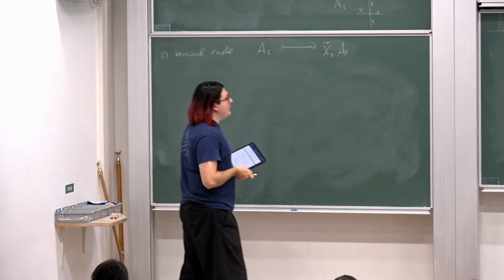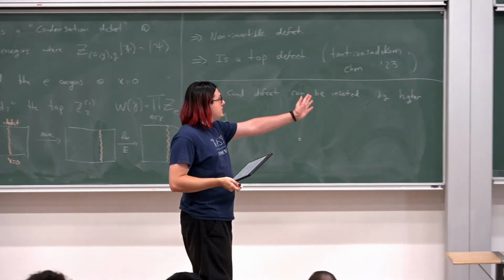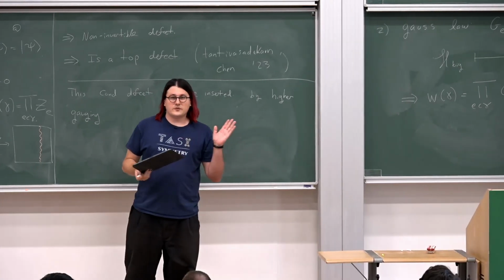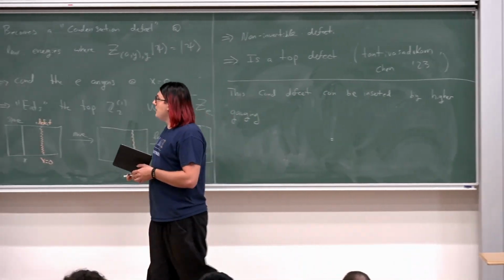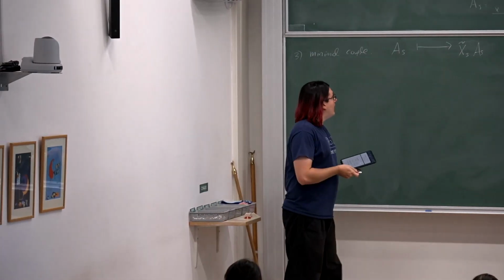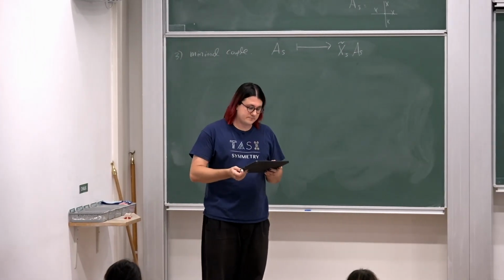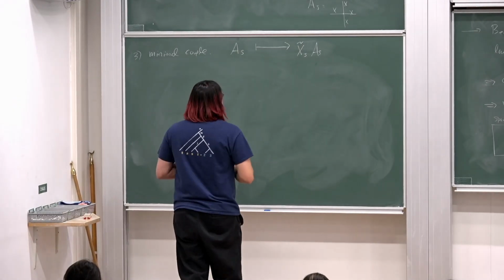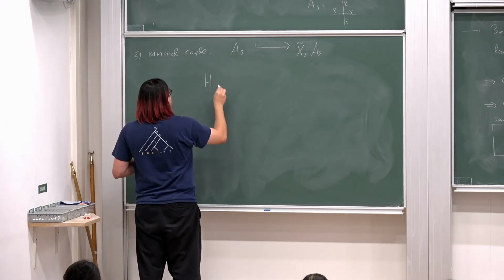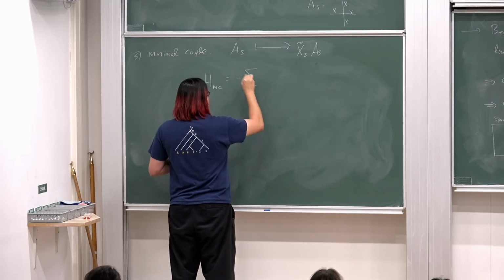Okay. Why do I do that? Well, the Gauss operator over there has a lone Z in it. So it certainly doesn't commute with the A_S operators without modifying them. But when I modify A_S in this way, with an X tilde right there, now this new operator commutes with all of the Gauss operators. Okay, so now I have a modified Hamiltonian, H minimally coupled, and it looks like this.